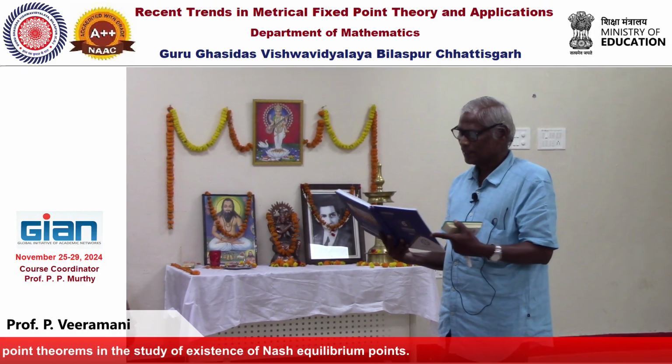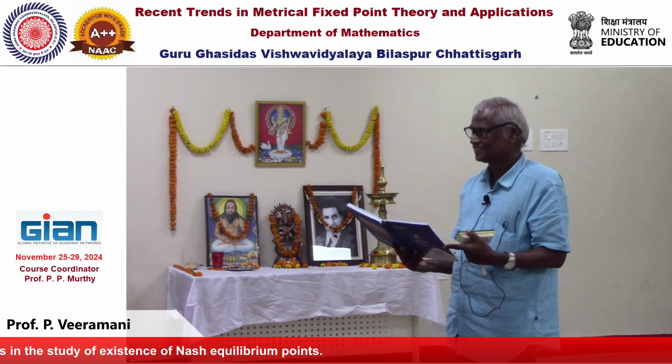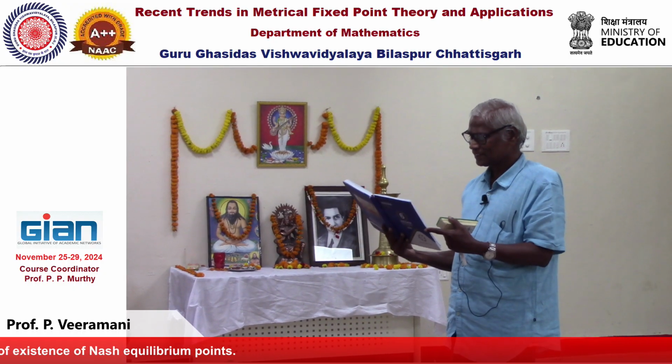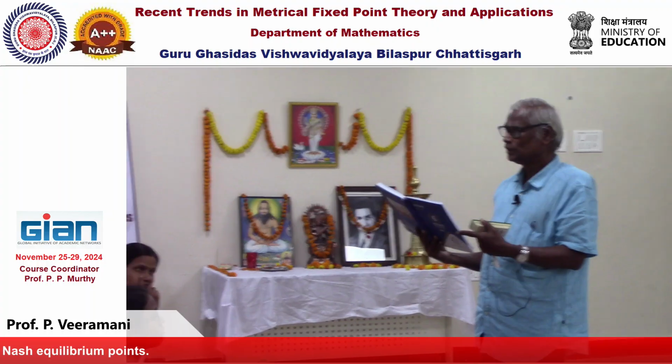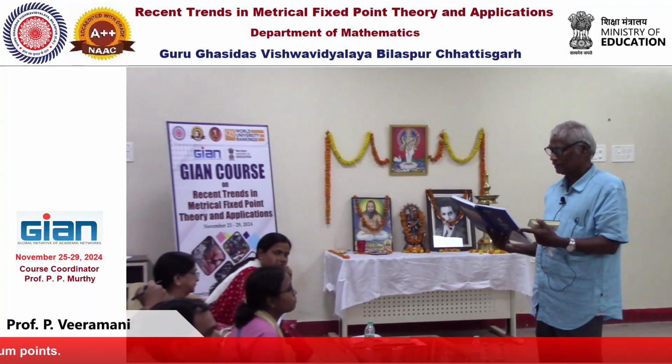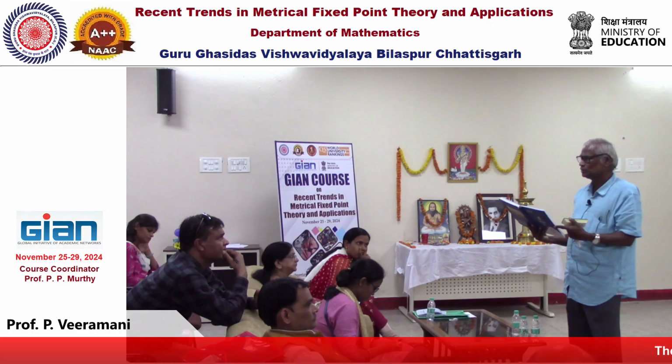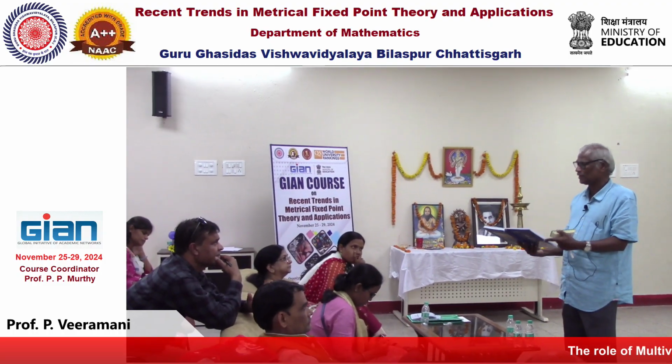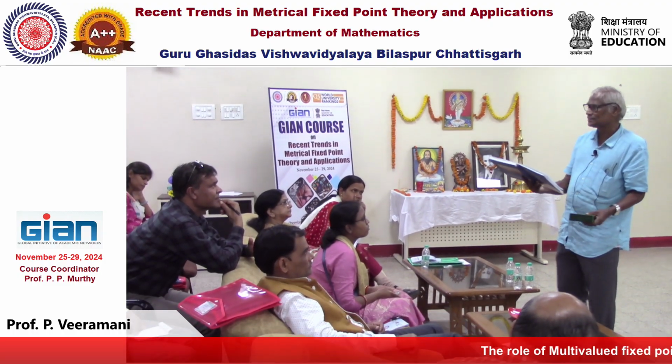Very good. Then what is the meaning of that? Sir has written x naught belongs to T2 of y naught and y naught belongs to T1 of x naught. So what do you mean by this?